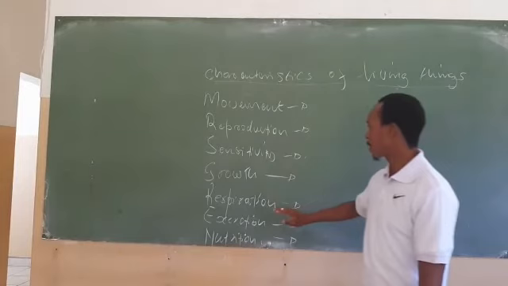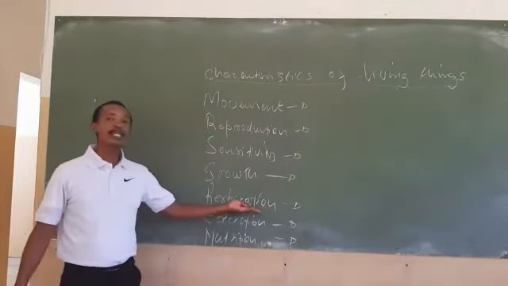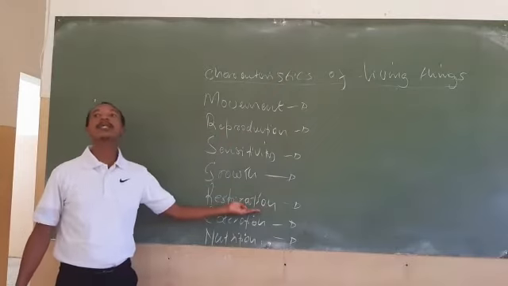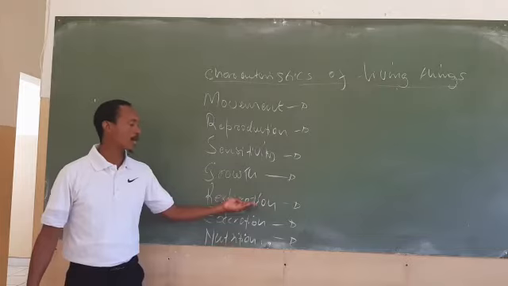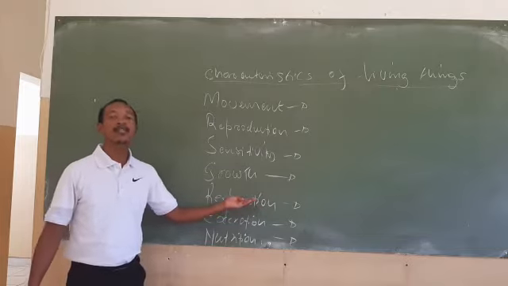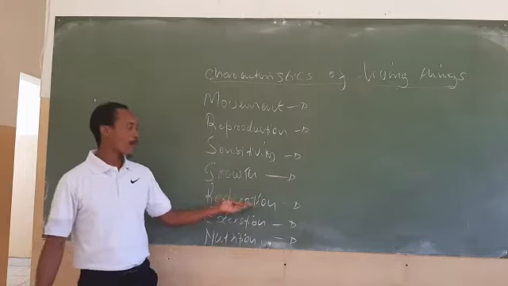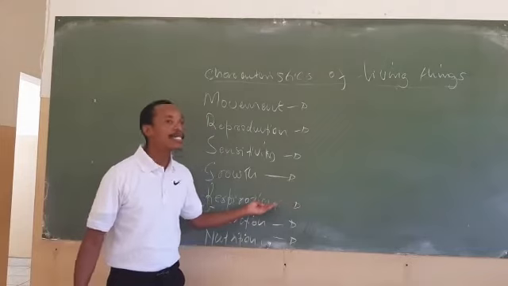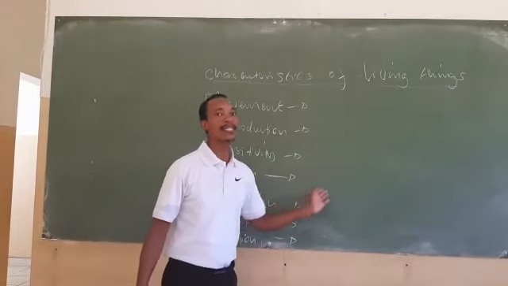Okay, then we have got respiration. What is respiration? Respiration is a mechanism within the living organism that ensures that energy for the activity of the different things that happens within the body are possible. Because for an action and reaction to be observed, there must be energy exerted.